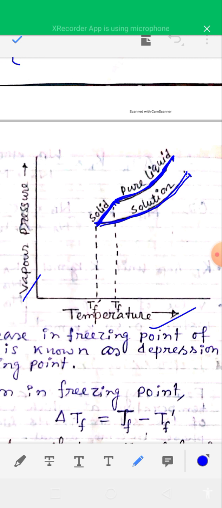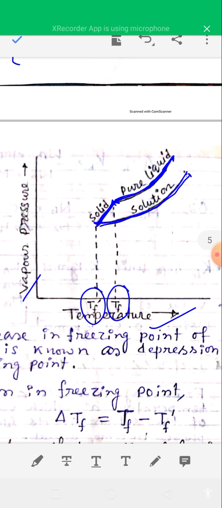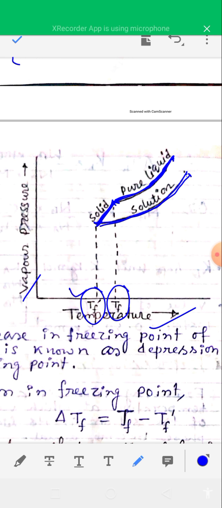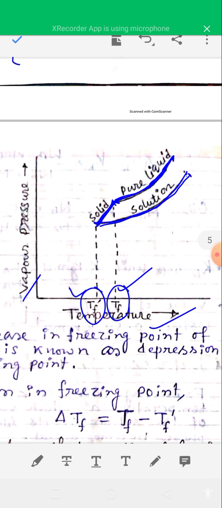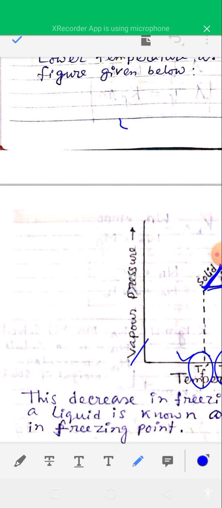According to this diagram, the freezing point of the pure liquid is Tf, and the freezing point of the solution is Tf prime, and you can see Tf prime is less than Tf. The freezing point of the solution is lower than the freezing point of pure solvent, so there is a decrease in freezing point.